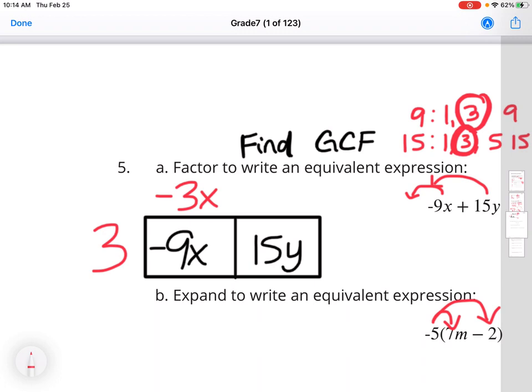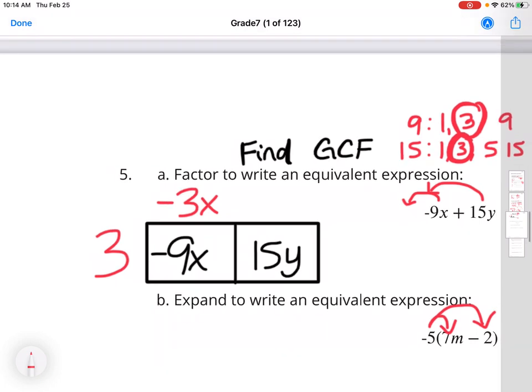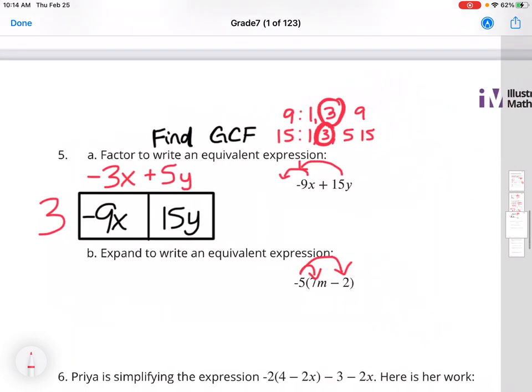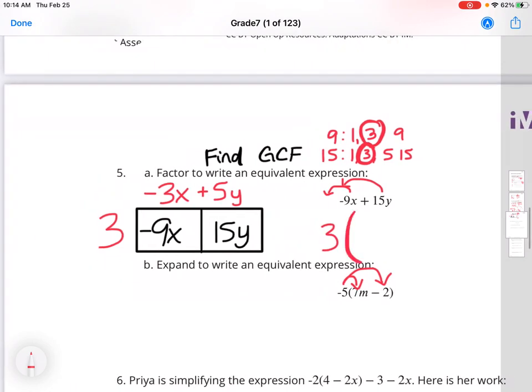And then what times 3 is 15y? Well, I know 3 times 5 is 15. And so that would be positive 5y. So my factored expression would be 3 times negative 3x plus 5y.